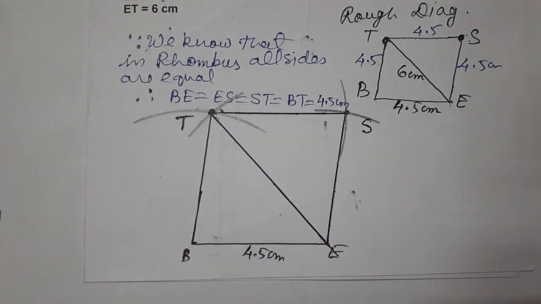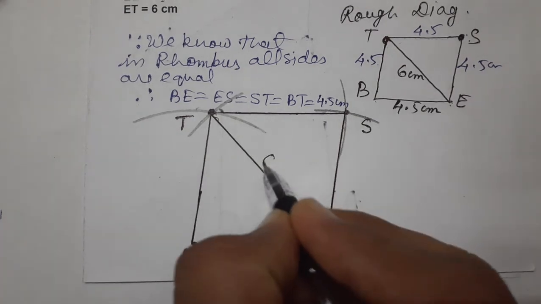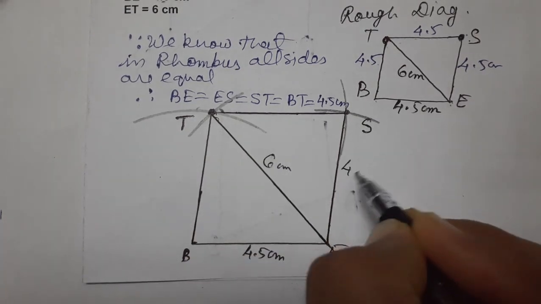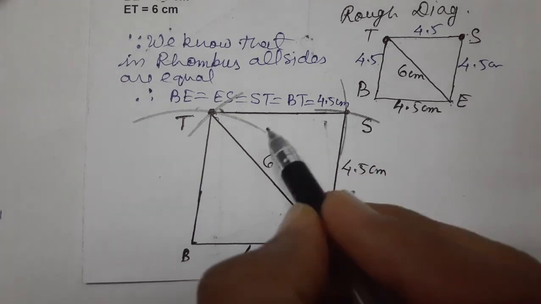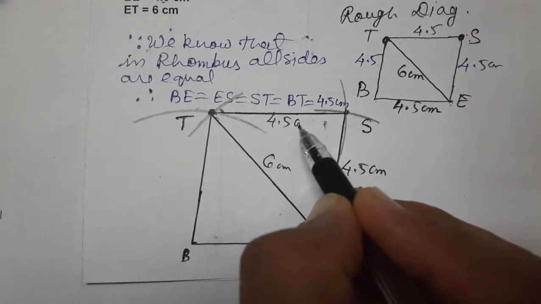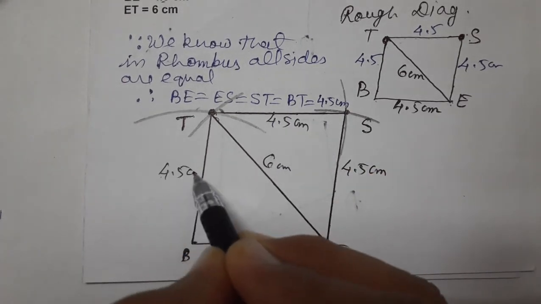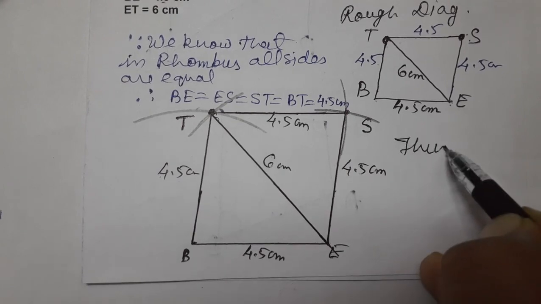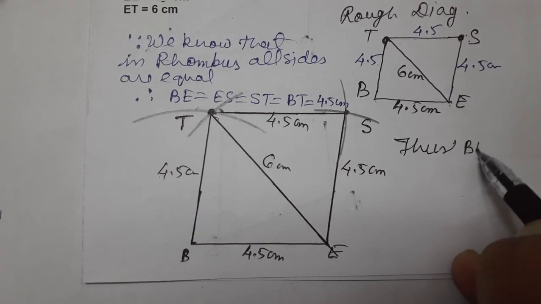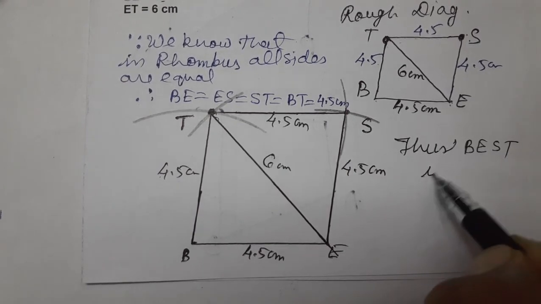So this rhombus BEST is completed. BEST rhombus. Label it. And now write: thus, BEST is the required rhombus.